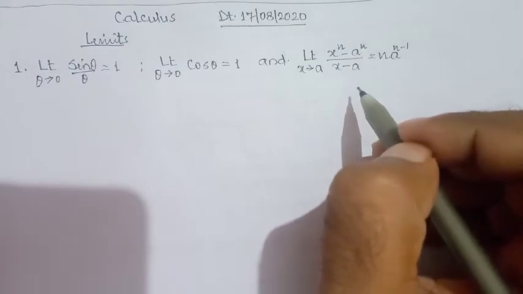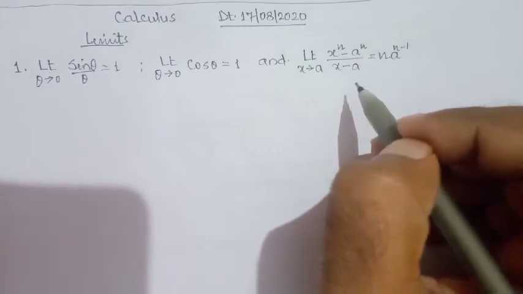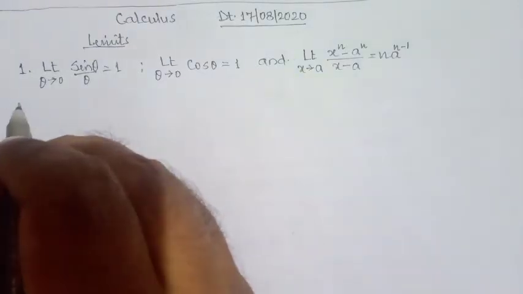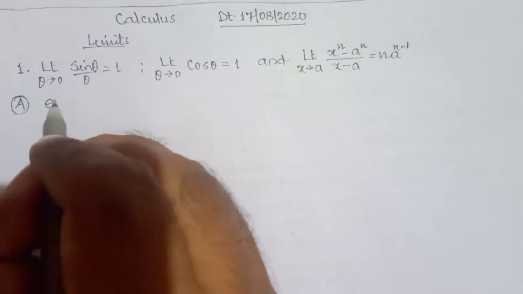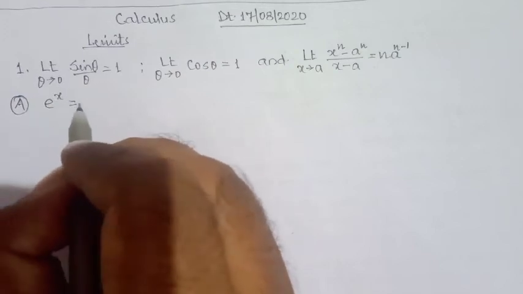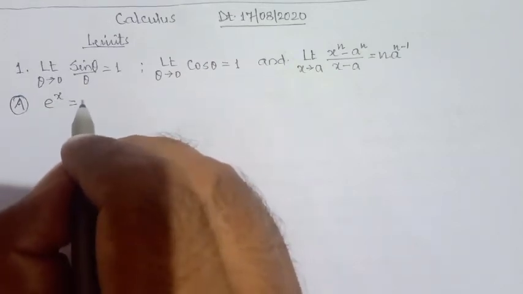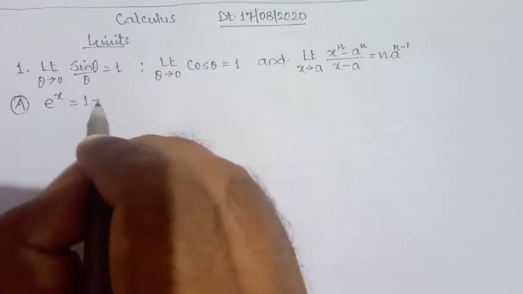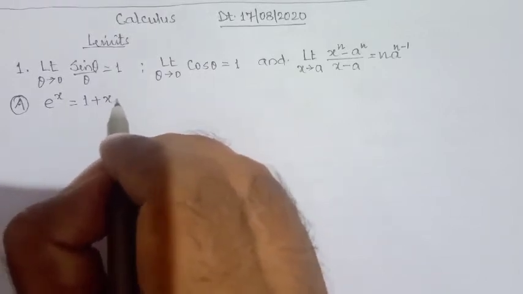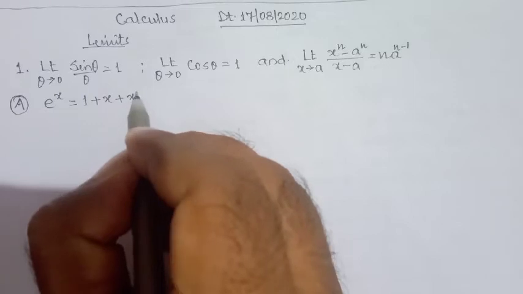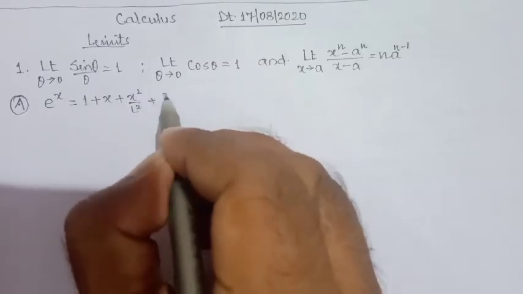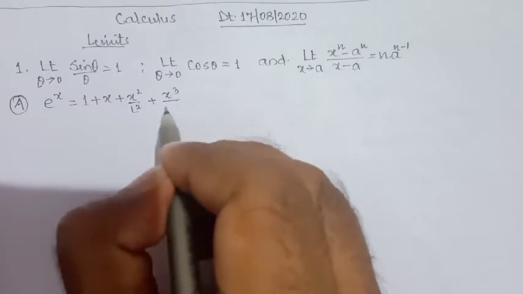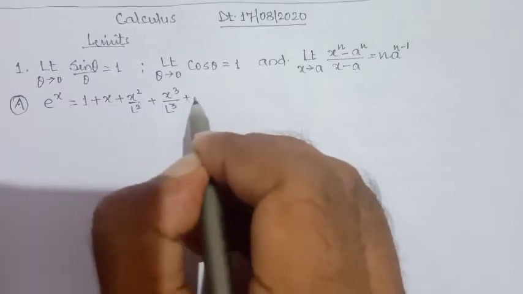Besides this, you have to know some expansions. The first expansion we have already used, e to the power x. e to the power x equals 1 plus x square by factorial 2 plus x cube by factorial 3 and so on.